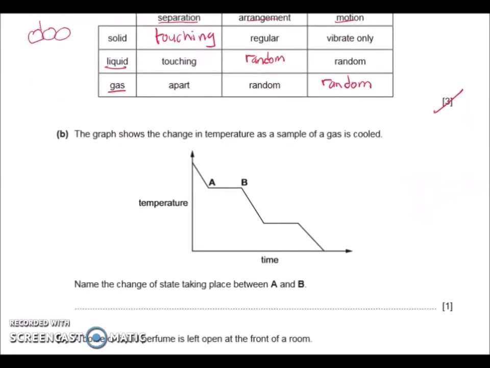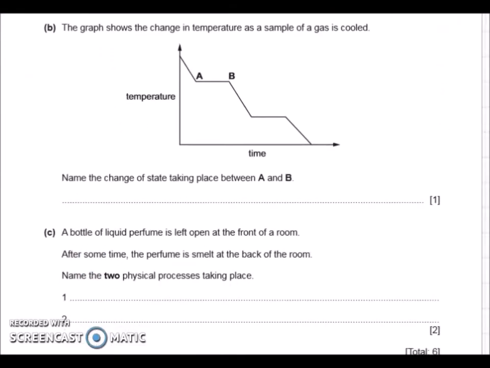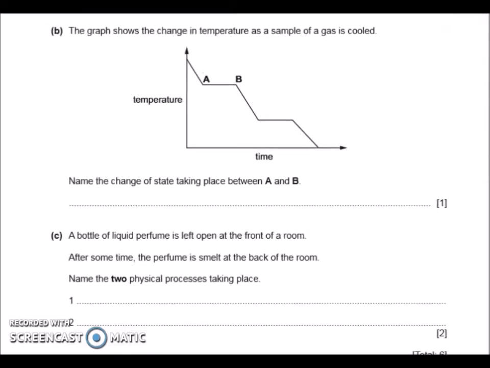Now let us move to B. The graph shows the change in temperature as a sample of a gas is cooled. They are asking us to name the change of state. They are talking about the process.